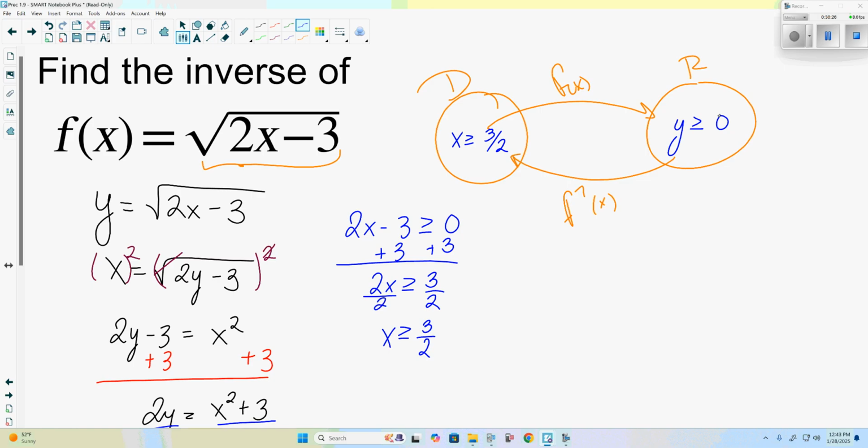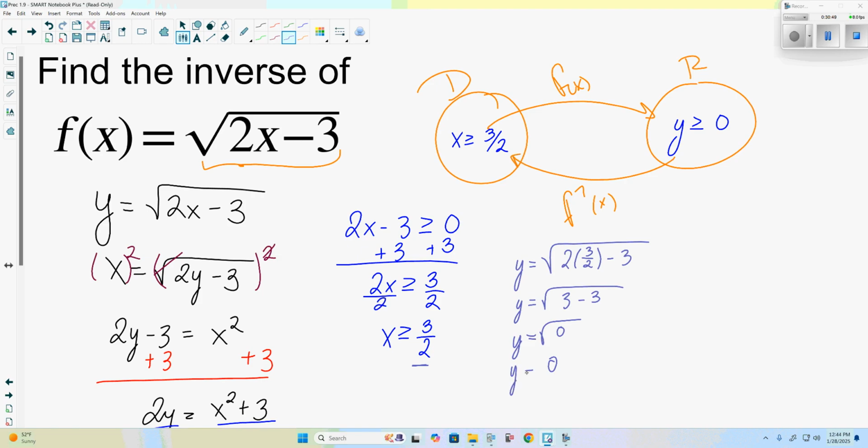And the way that I find this, all we got to do is plug the smallest value in. So we have the square root of 2 times 3/2 minus 3. 2 times 3/2 is 3. 3 minus 3 is 0. Square root of 0 is 0.